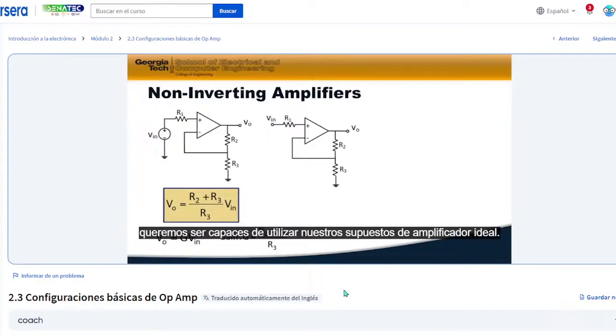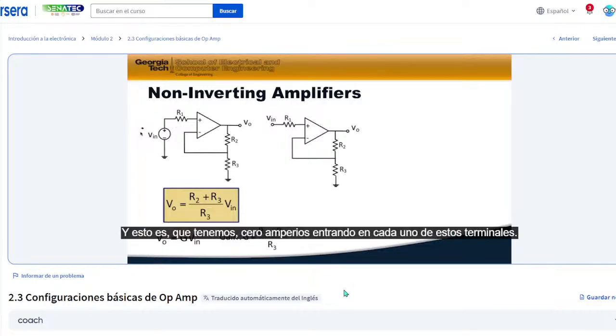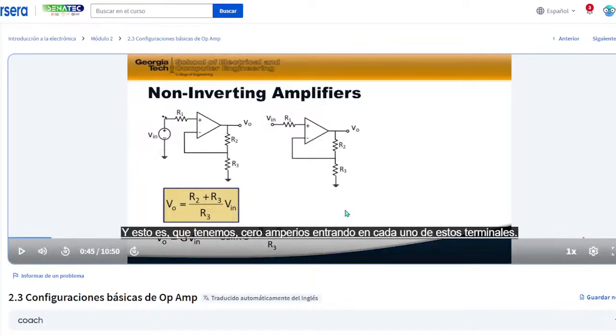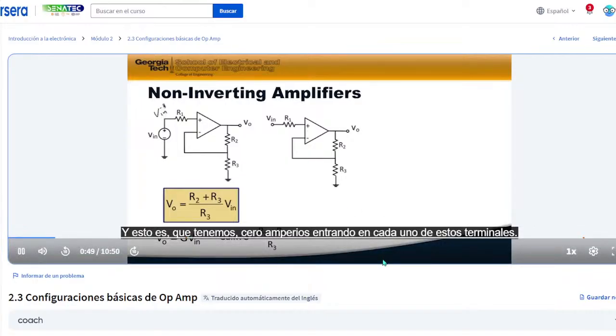I wanted to show them both because you might see them both in different configurations. Over here, we show it as a power supply coming in, and this level right here, the voltage is Vn. And over here, I just show it as a voltage Vn.